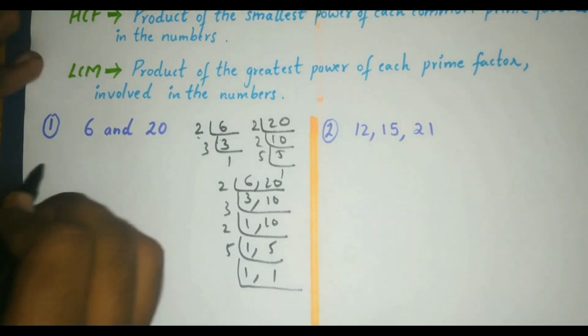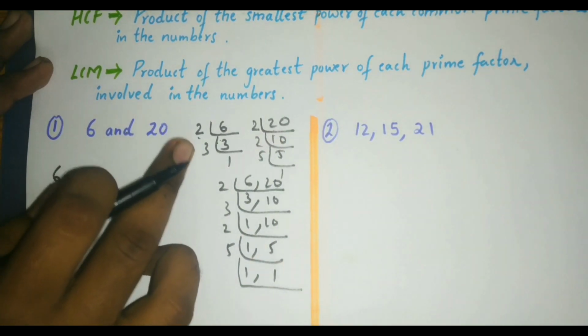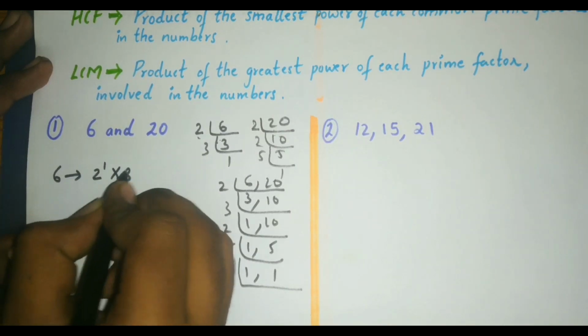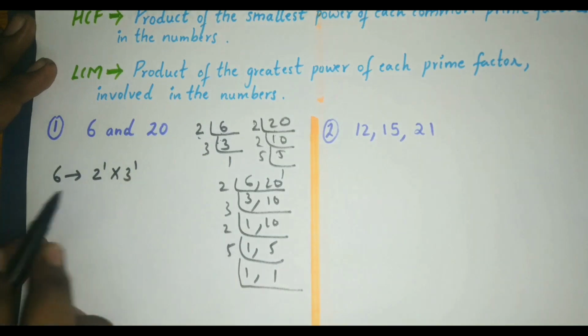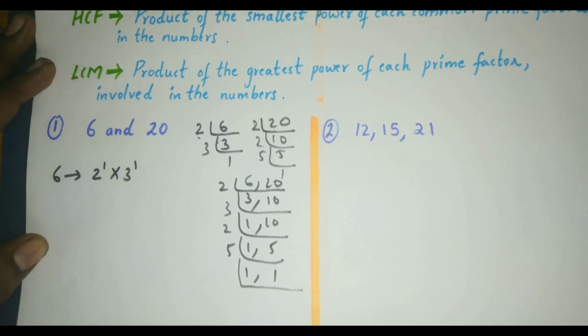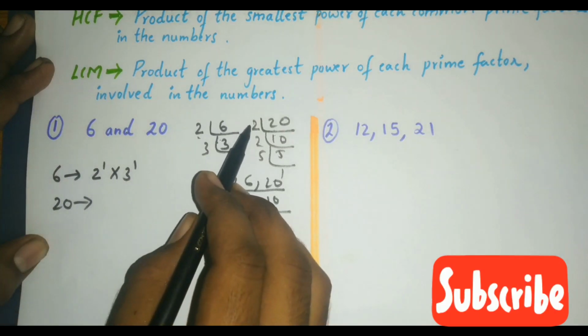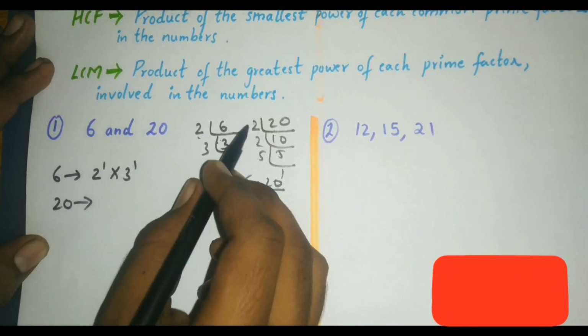So we can write 6 as 2 power 1 into 3 power 1. And 20 is 2 into 2 into 5.